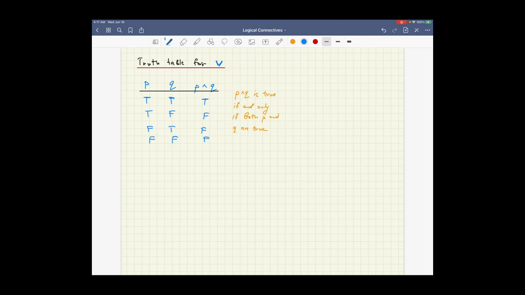And it's true in all other situations. Right? P or Q is false if and only if both P and Q are false. In all other situations, P or Q is true.